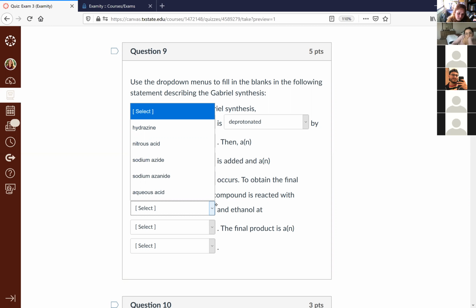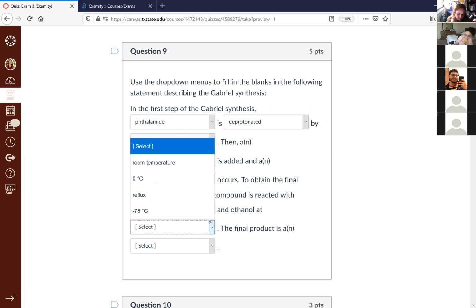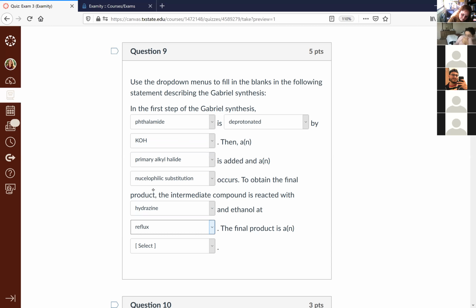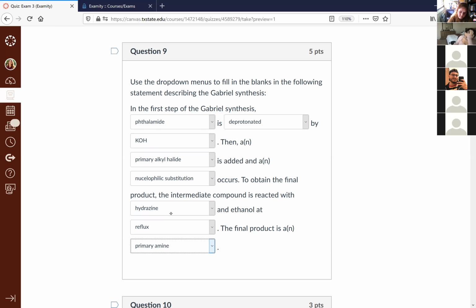Hydrazine. Right, hydrazine is added. And what about the temperature? Reflux. Right. And then the final product is a what? Primary amine. Right.